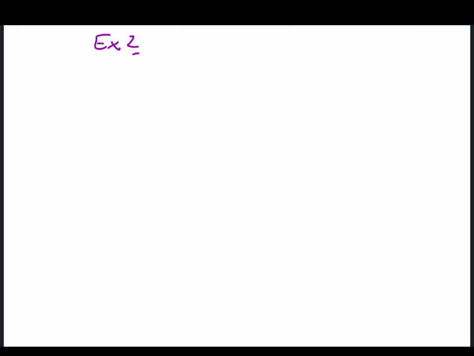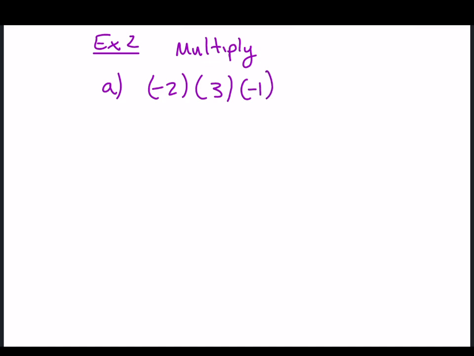Example 2. Multiply. For part A, we have negative 2 times 3 times negative 1 times 4. So how many negative numbers do we have?